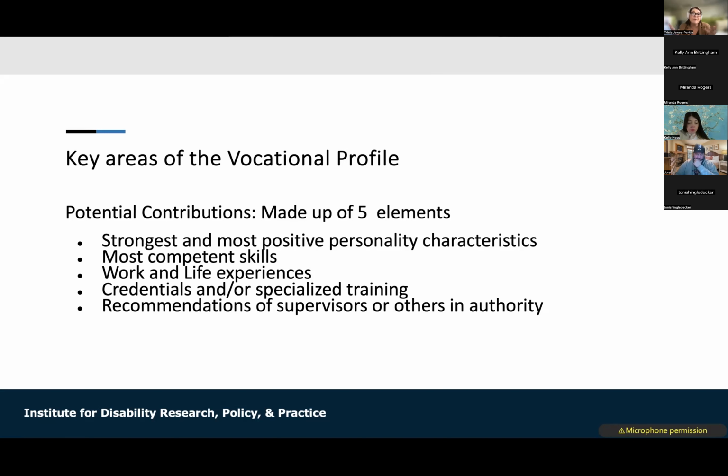Any credentials or specialized training that they have. And if they don't have any, that's fine. And then recommendations. So, if you have a letter of recommendation, or a supervisor, anybody in authority, that would contribute to what these potential contributions might be. That's where you're drawing from to come to these contributions.